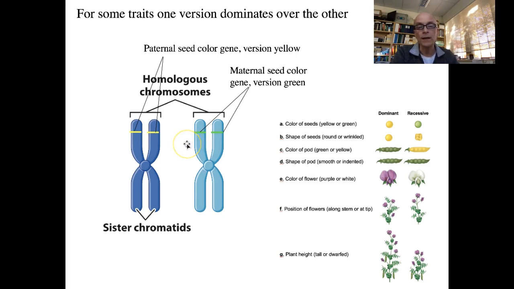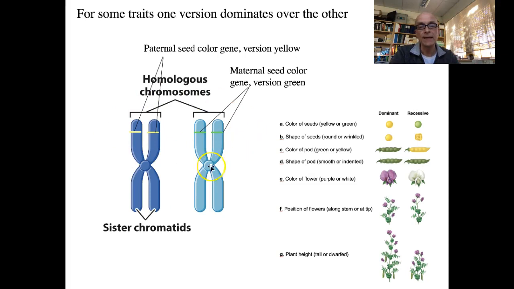Now, if you have a trait that is dominant and recessive, that means that phenotypically, not genotypically, not what we find here on the chromosomes, but phenotypically, what we observe, one is dominant over the other. In other words, one is the one that you will see, and the other one will be hidden.